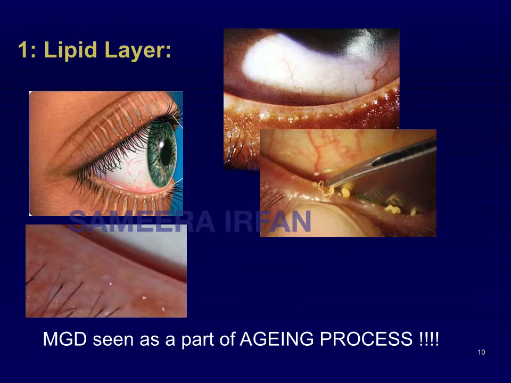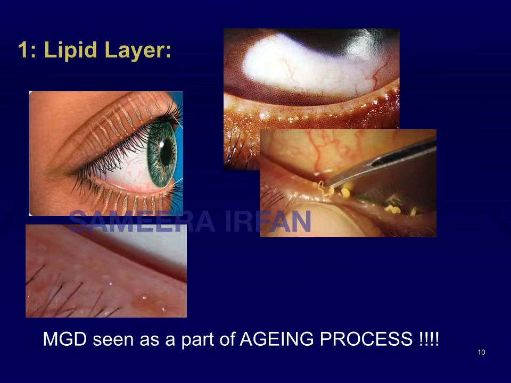The thick lipids in it link together. There is an increase in the osmolarity of the meibum secretion, and that also incites a chemical inflammation, and that chemical inflammation disrupts the long chain fatty acids.